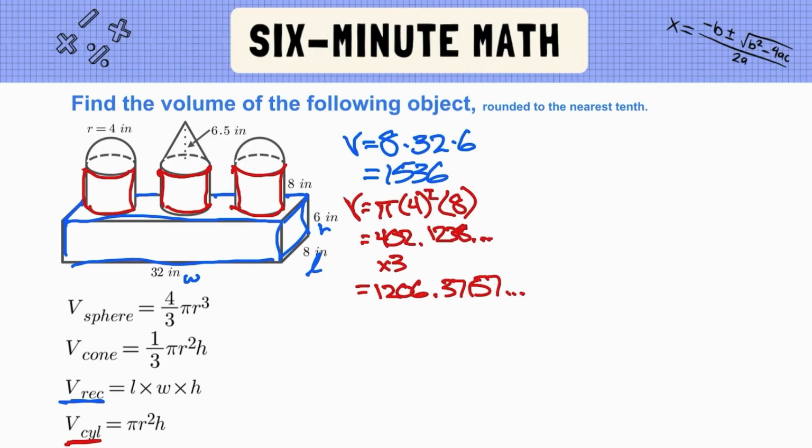Next, I am going to do my 2 hemispheres here in yellow. Now, one thing to understand about these hemispheres is if I take 2 of them and put them together, I will have a full sphere.